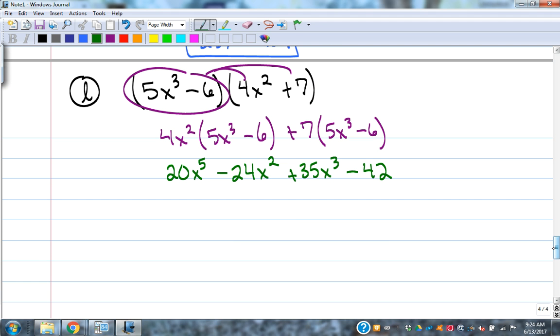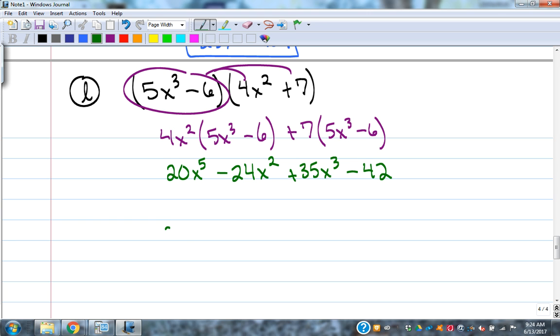The difference here is that we don't have like terms. In the middle, we've got x squared and an x cubed. They don't go together, so you can't put them together. The only thing I'm going to do that will help you later on is put it in order from the highest exponent to the smallest.